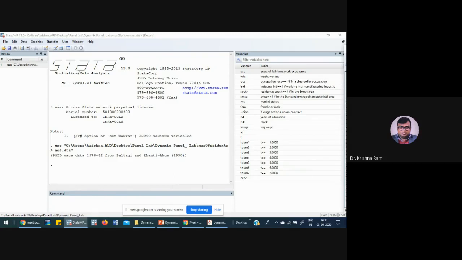But in this class we will cover how to estimate a panel data regression model using the Anderson-Hsiao estimator and the Arellano-Bond estimator. So let's start with the Anderson-Hsiao approach for estimating a dynamic panel data regression model.